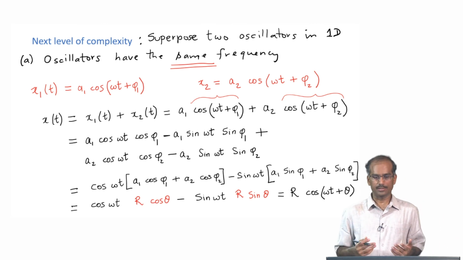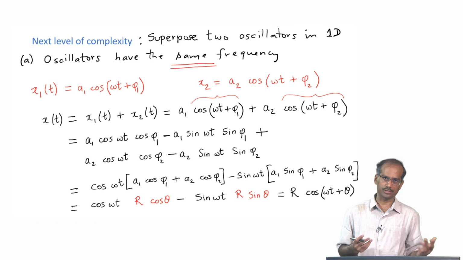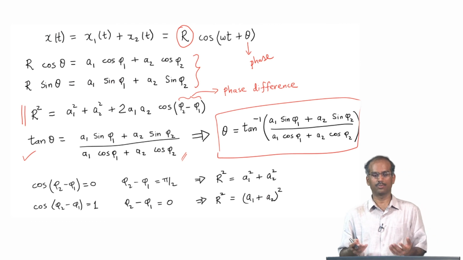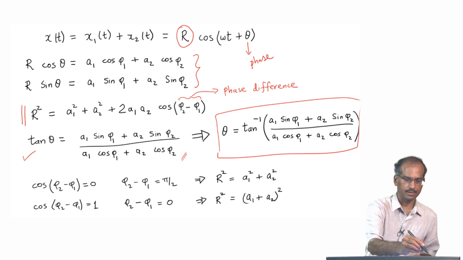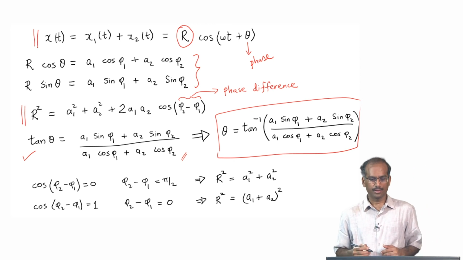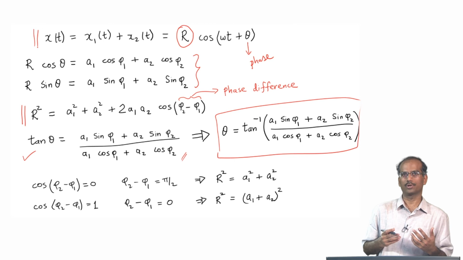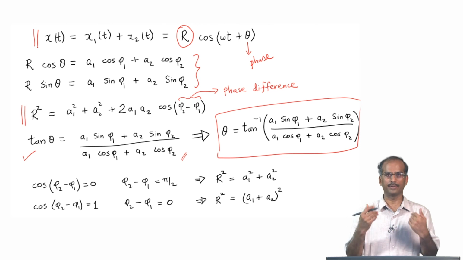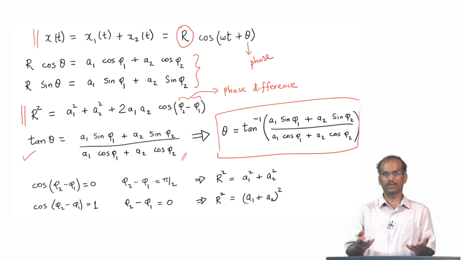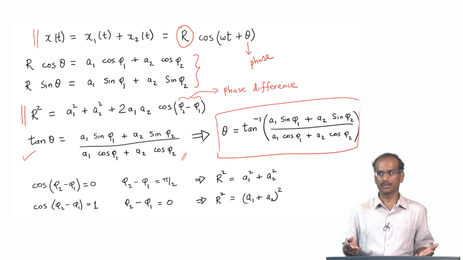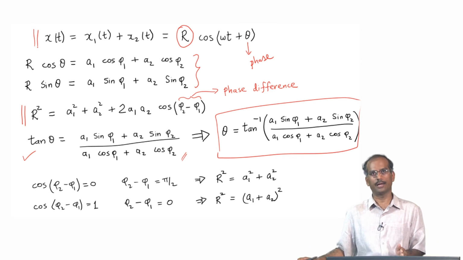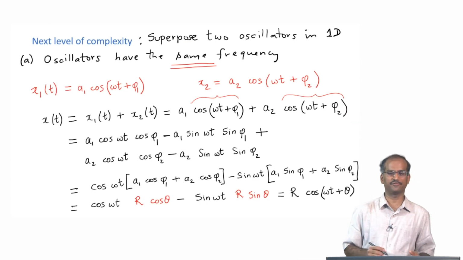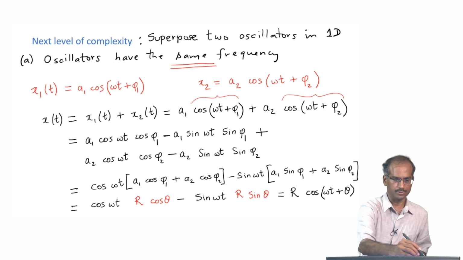The main lesson here is that whenever you combine two oscillators, not just two, any number of oscillators, the net displacement would also be another oscillator as shown here. All you need to do is to work out the relation between the parameters of the original problem and the parameters of the combined solution, which is what we did here. The combined solution has an amplitude and phase, which is related to the amplitudes and phases that were originally specified for the individual oscillators here.